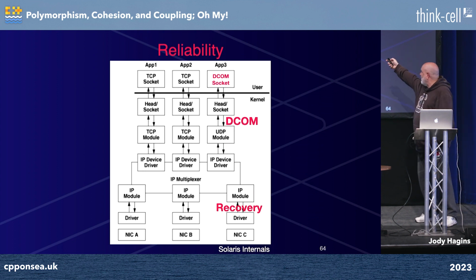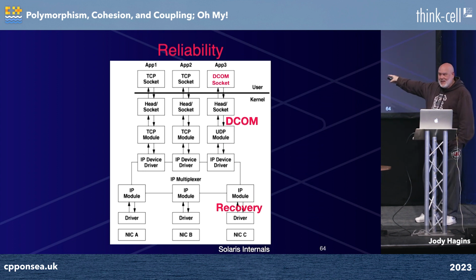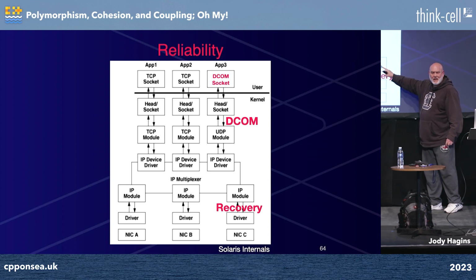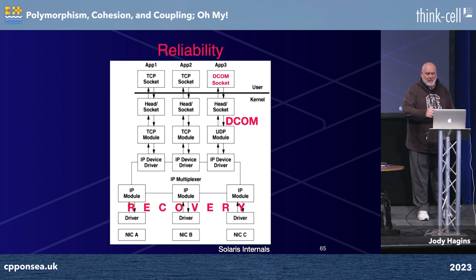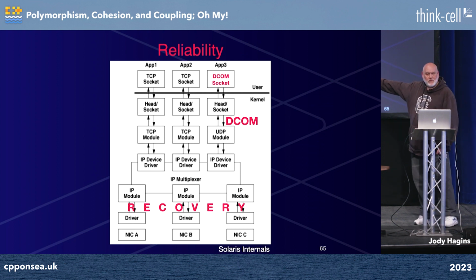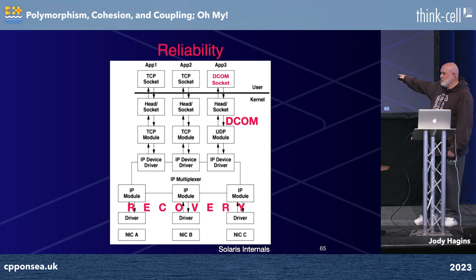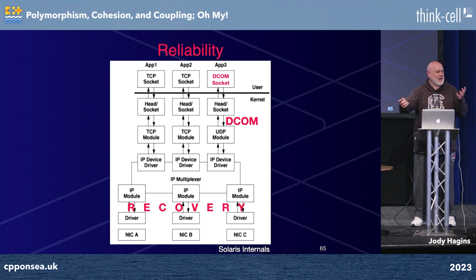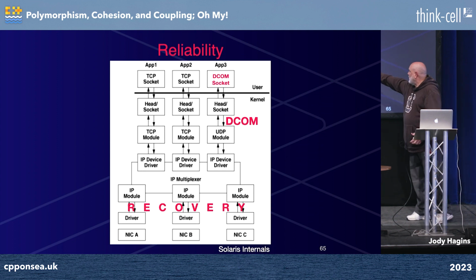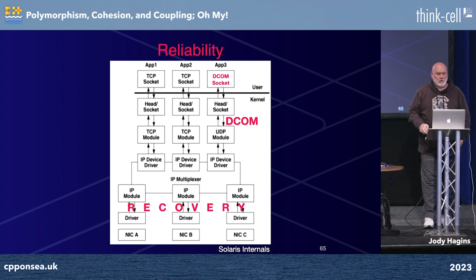But if we put it there, we may as well bring it right down here underneath the IP module, because all it determines is what protocol it's talking back and forth. Well, if we could put it there, then why not put it here? Why not put it right above the Ethernet drivers? And configure the system so that every time a driver gets pushed into the system, the recovery stream gets plopped right in the middle, and all the rest of your network stack gets put on top.